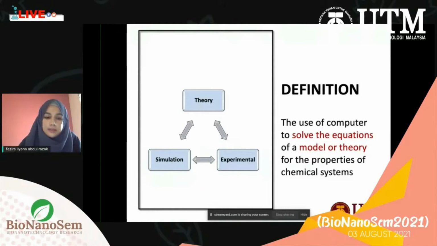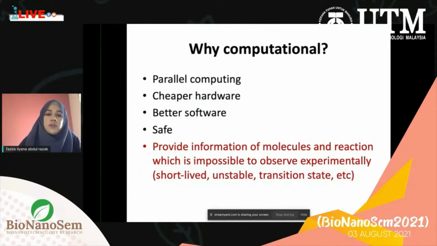Why do I emphasize computational work? There is a lot of benefit in doing computational work. First of all, we are now dealing with this pandemic where we cannot meet face to face or go to the lab, so this is a sort of alternative to the wet lab.